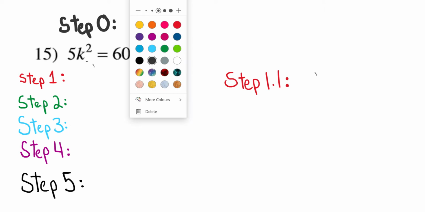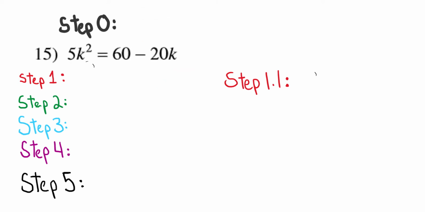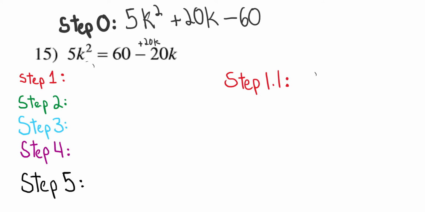When I do that, you will probably realize that I now have the equation of 5k squared, and notice what I have to do, plus 20k on this side, plus 20k, because I'm doing it to the other side, minus 60. Yes, I understand that step 1 is the constant, but notice that by doing it this way and leaving it in standard form, I am clearly not going to be making a mistake.